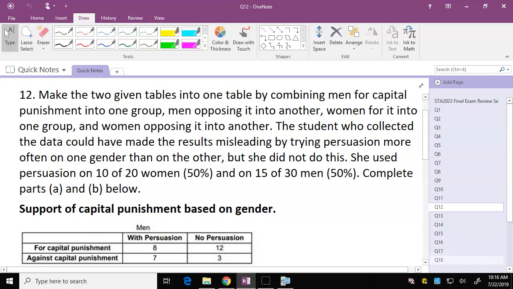The student who collected the data could have made the results misleading by trying persuasion more often on one gender than the other, but it says she did not do this. She used persuasion on 10 of the 20 women and 15 of the 30 men.